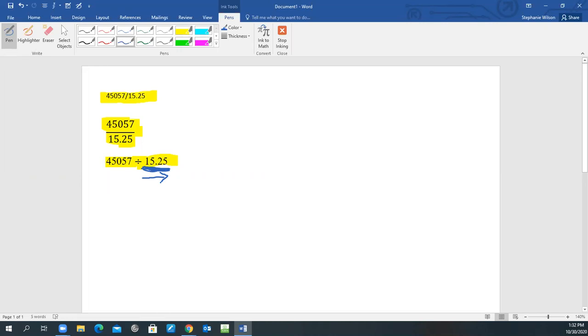Now, whatever we do to one part of an expression, equation, or function, we have to do to another part. So I'm going to grab this decimal and move it 1, 2 places to make it a whole number. That means I need to grab it here on this numerator and do the same. Move it 1, 2. And then I'm going to rewrite my fraction.